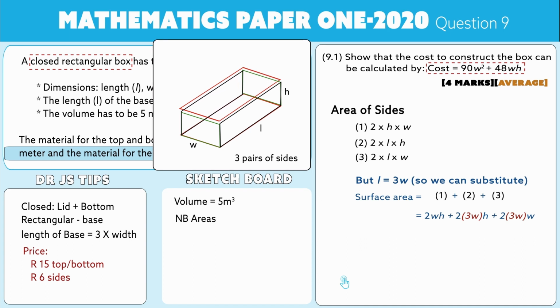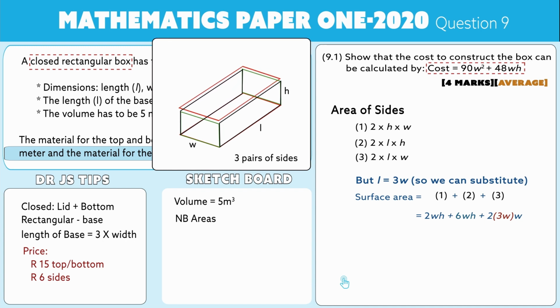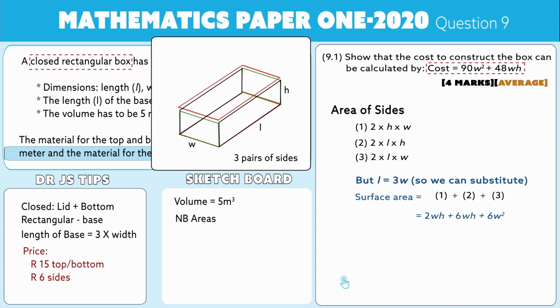So that will be 2 times 3W, which is 6W times H, for the second set of sides. And then we do the same for our third set, where L is 3 times W, so the L gets replaced by 3 W's, and we'll have 6W squared. Okay, that's the third one. Now remember, that's our surface area.